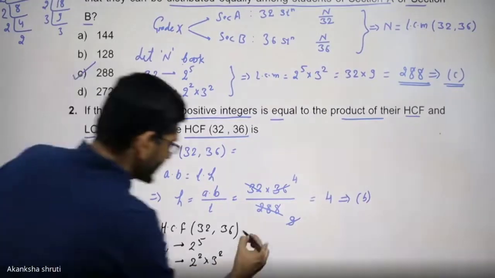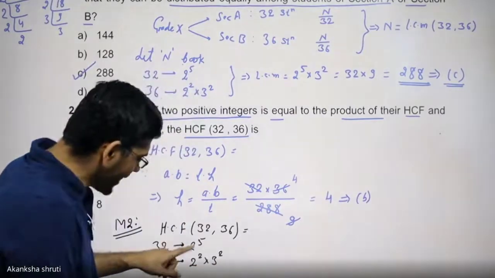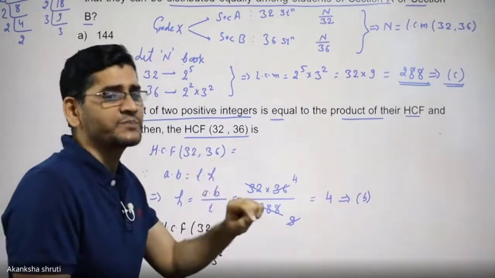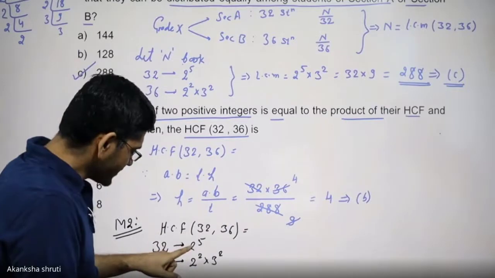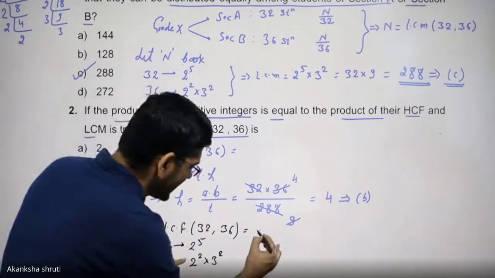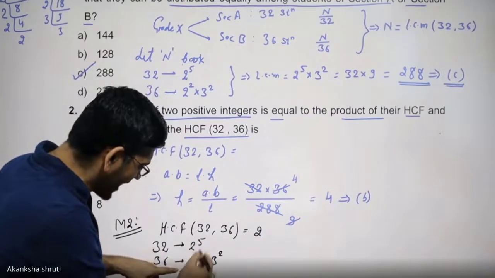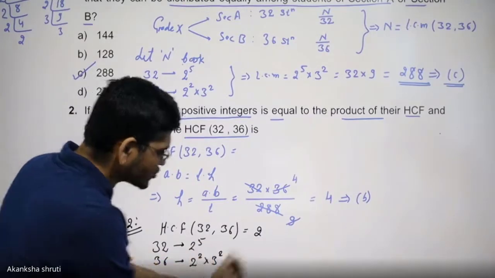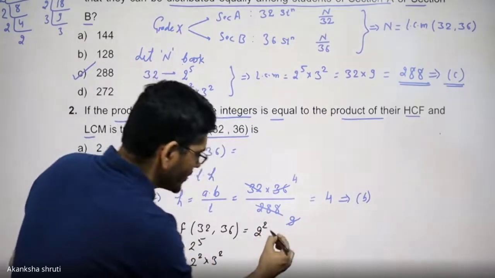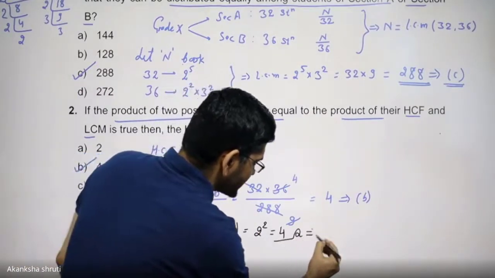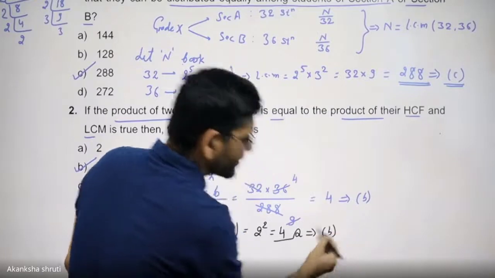Now the HCF is obtained by taking the common factor with the least power. So here the common factor is 2 only. So we have to take the 2 only. And the least power means among 5 and 2, the smallest power is 2. So we have to take this 2, so this is 4. This implies option B is correct.